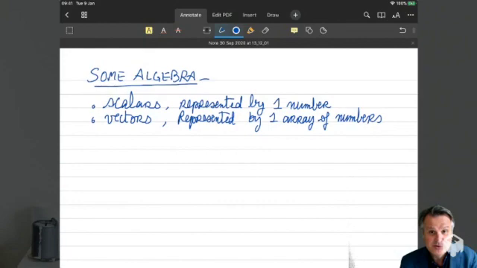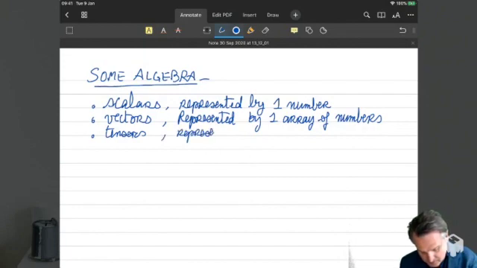Well, in this course, we're going to see that we have to go one step up, that vectors won't be enough to describe everything we need for nonlinear elasticity. We have to introduce new concepts, new objects, and the one step up is the so-called tensors, represented by two arrays of numbers.